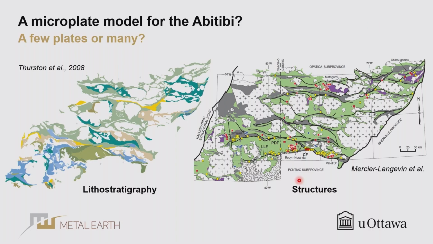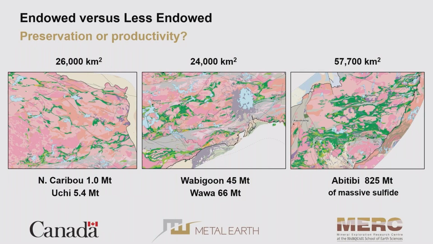Last slide, second last slide. We heard a lot about crustal growth as a consequence of enhanced heat and crustal permeability in greenstone belts. For me, it's pretty obvious, and we talked about this briefly on Wednesday, that the Abitibi is somehow off scale in terms of the total area of volcanic rocks compared to the Wabigoon and North Caribou.